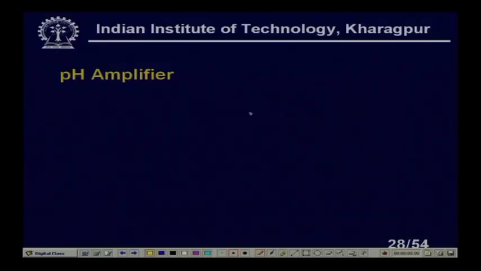Now, the pH amplifier should have very typical characteristics. Since we have a glass electrode, we can consider it as a voltage source, with a high source impedance.